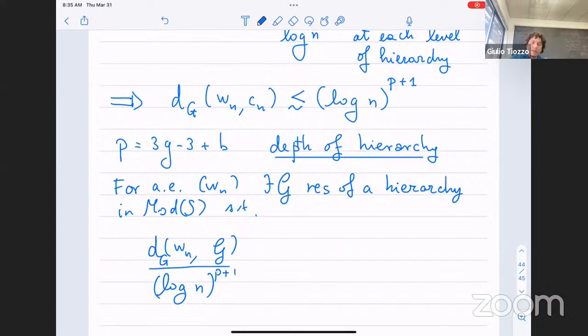So let's say the lim sup of this is bounded. So it's definitely sublinear, and in fact we have a precise estimate, which is of this order.